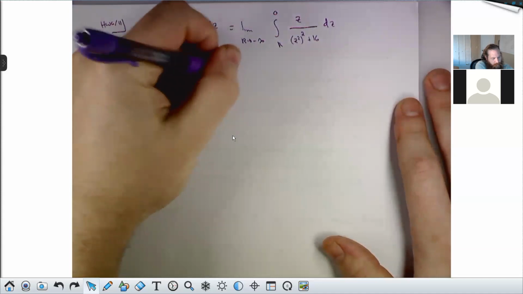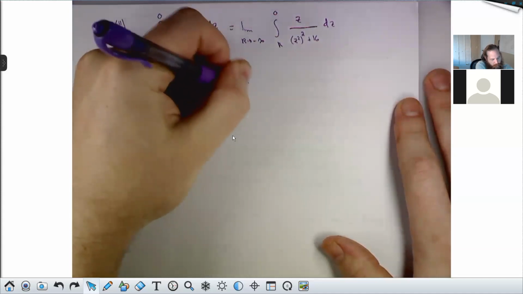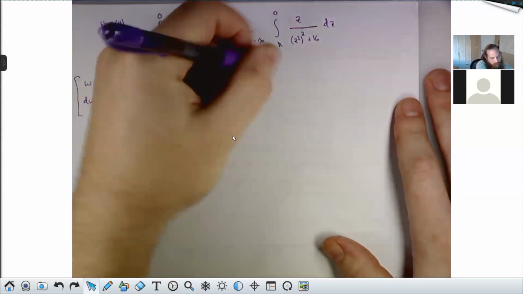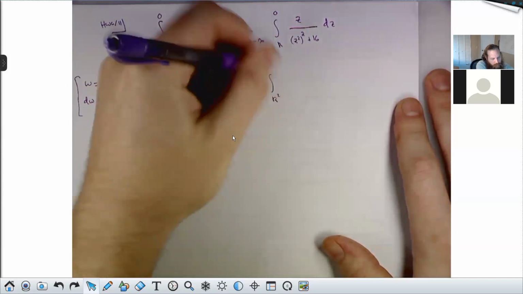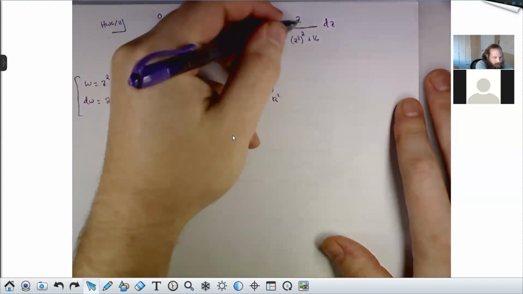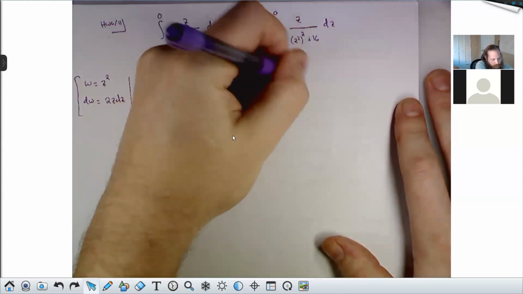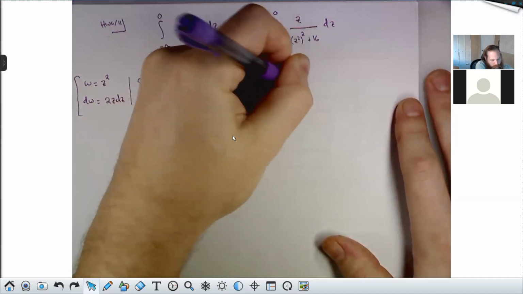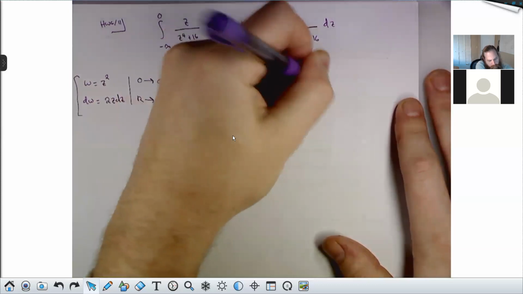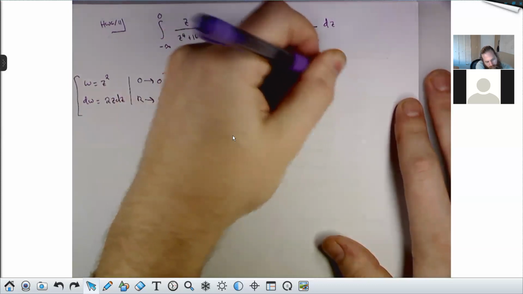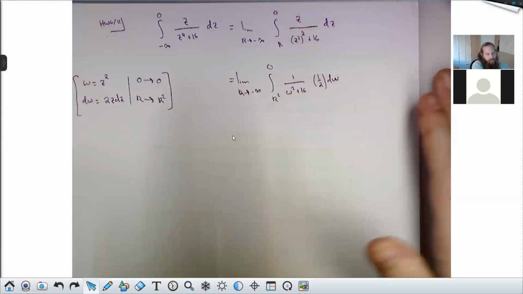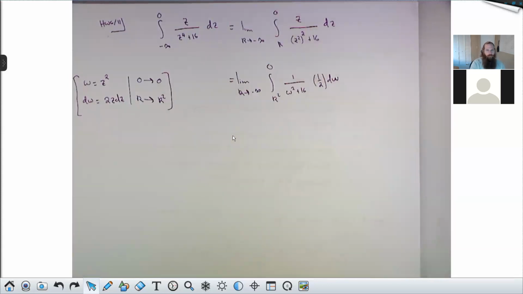So I'll get lim r to negative infinity, integral r squared to 0. Z dz is 1/2 dw, and then the rest is 1 over w squared plus 16. So this is what my integral looks like after that substitution.